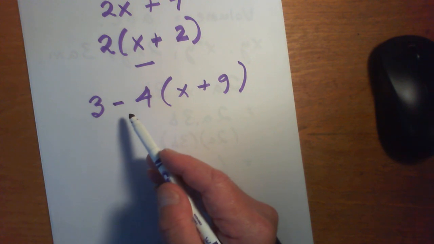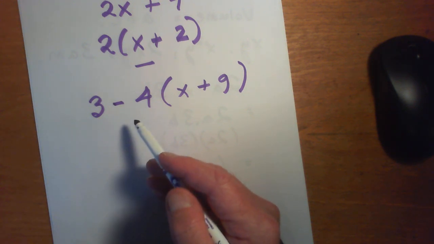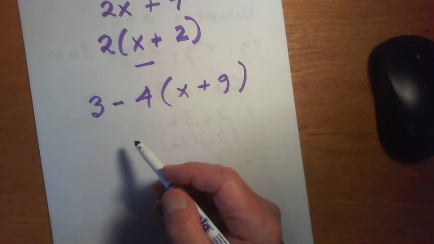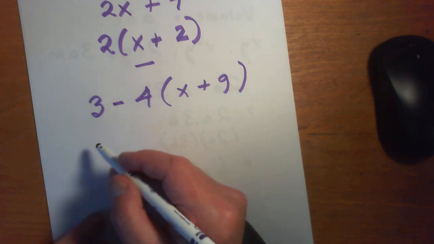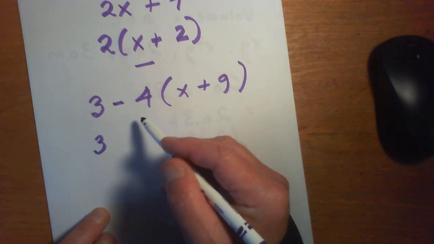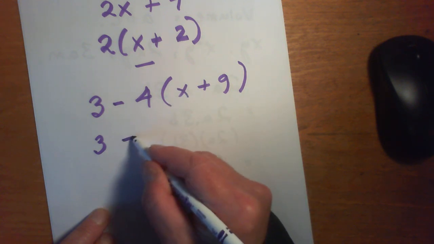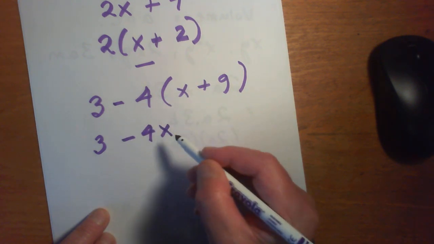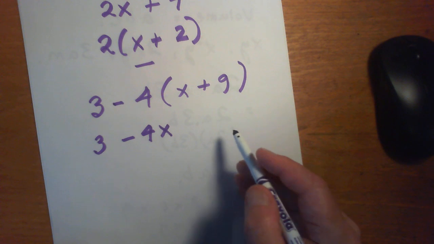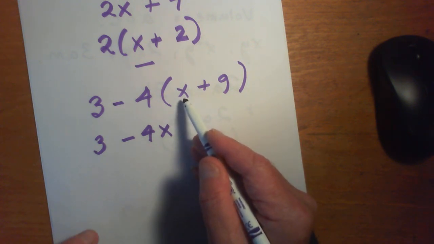So you remember your rules about what happens when you multiply with an expression that involves minus numbers. That'll just stay as it is. But that's now minus 4 times x, which is minus 4x. Minus times a plus is a minus number. Remember that that's just like numbers.